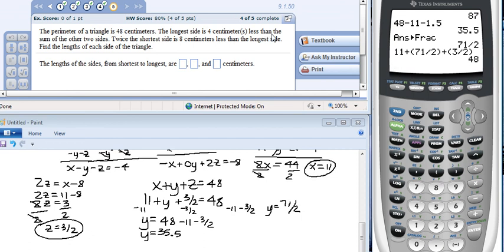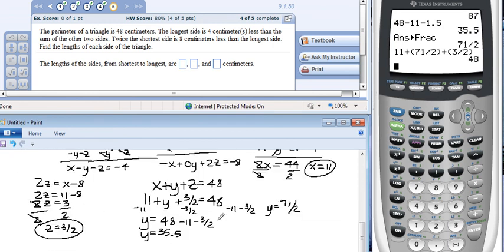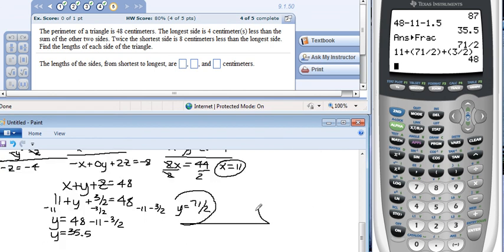All right, the longest side is 4 centimeters less than the sum of the other two sides. What's my longest side? What did I say my longest side was? My longest side was x. So is x, where's x? Is this 4 centimeters less than the sum of these two? I should circle my, sorry, I should circle my y. Nice, I did it again.